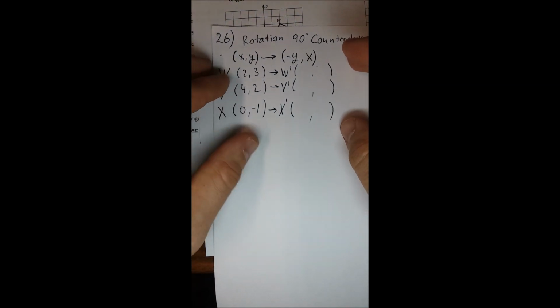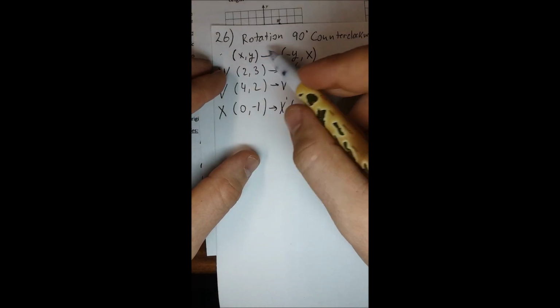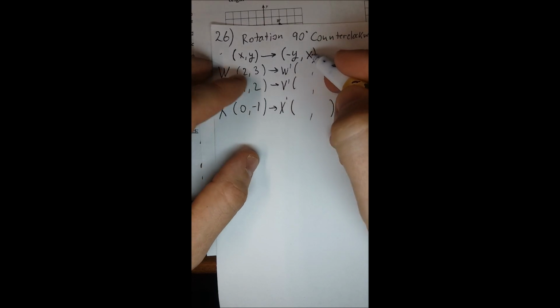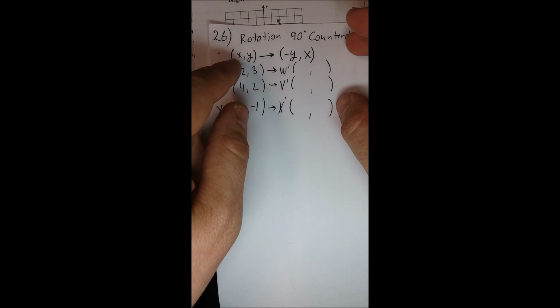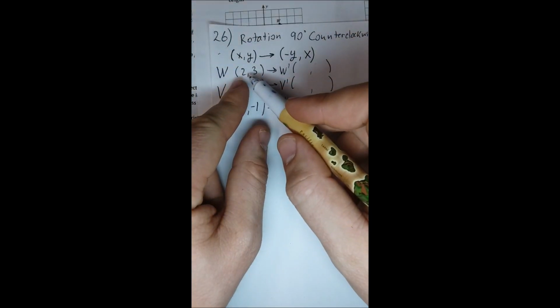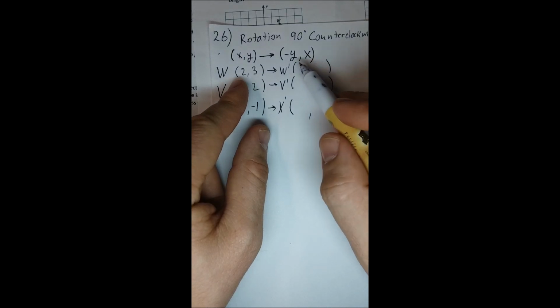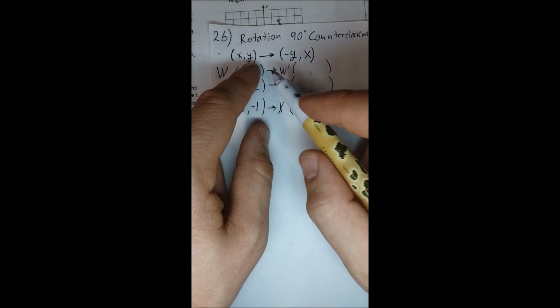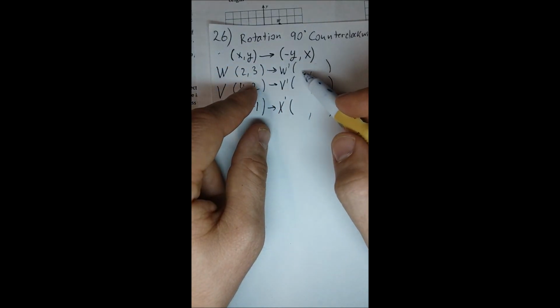Now let's apply the rule here. The rule was x, y moves to negative y comma x. Well, that's interesting, because now x is 2, and this 2 has to be the last number right here, and this y is now becoming the first number with a negative sign, with the opposite sign.